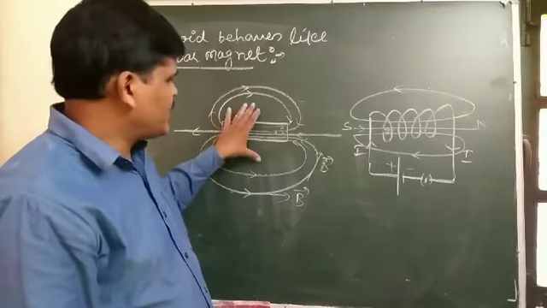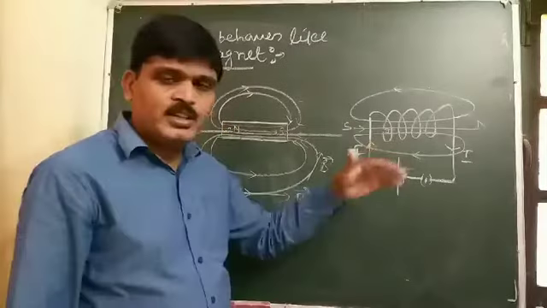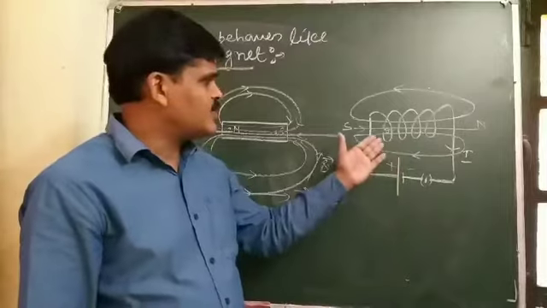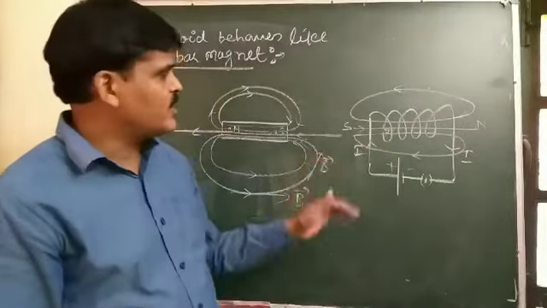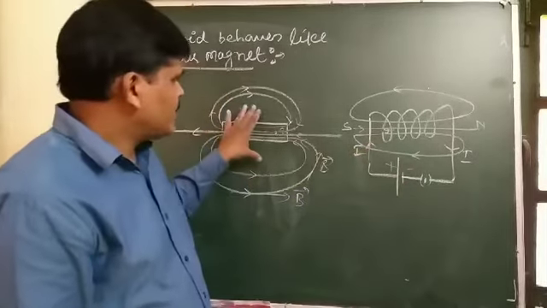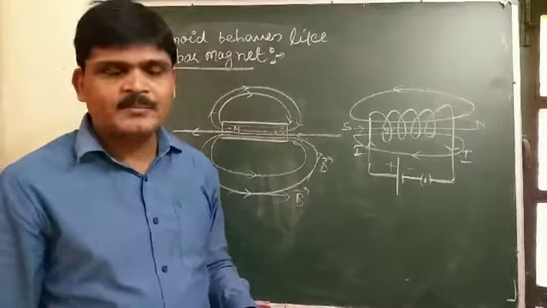So the magnetic field pattern lines of a bar magnet. I have already explained what a solenoid is, what the magnetic field in the solenoid is, and what the magnetic field pattern lines of a solenoid are. So how does the solenoid behave like a bar magnet?